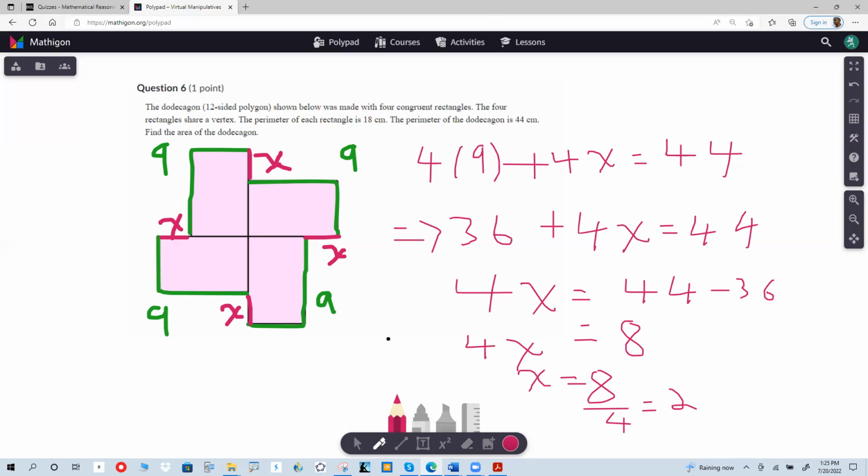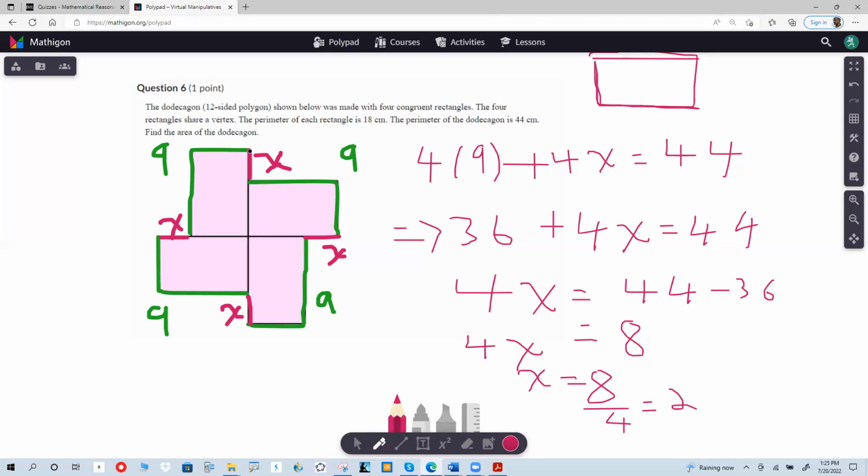Do you see how we calculated x? Yes, sir. Good. Now, I need to find the area of each rectangle. I'm going to draw a separate picture. Let me see. Suppose this is my pink rectangle. It's not going to be perfect. Okay. This plus this is 9, according to the question, right?